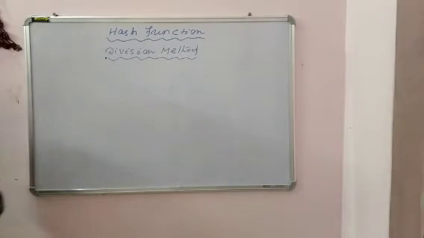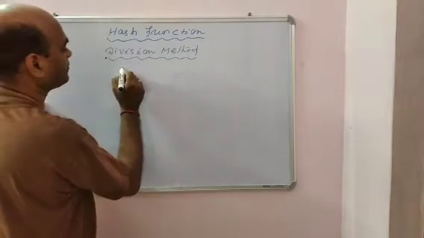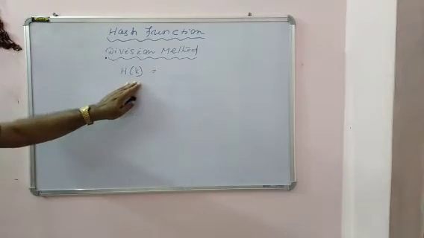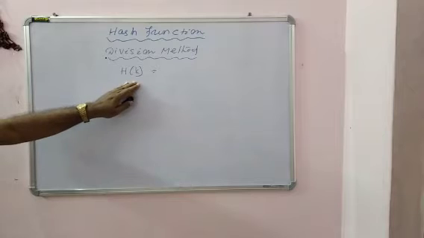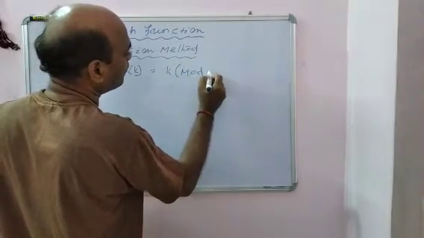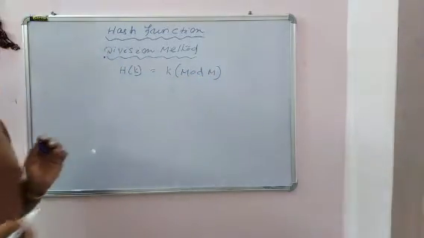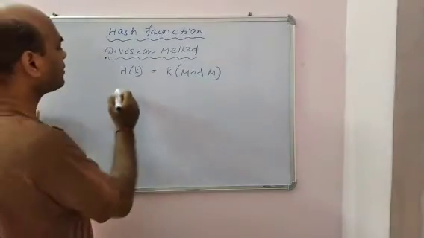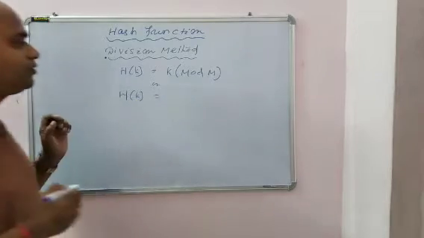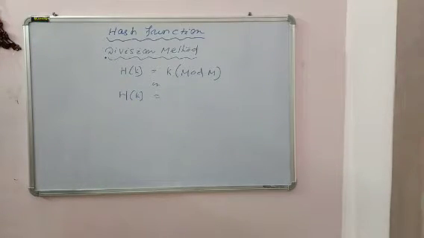Division method. This hash function which uses the division method is represented as h of k. K is the key value and h of k is the hash function. So h of k is equal to k mod m, or h of k is equal to k mod m plus 1.